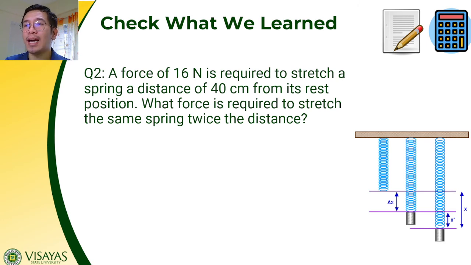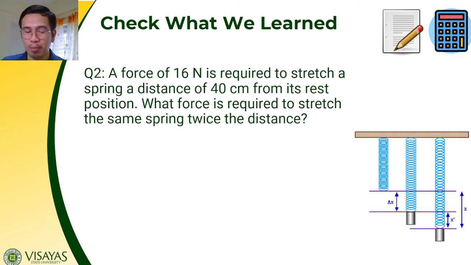But before you do that, the underlying formula that we can use here is the Hooke's law formula. Given the force, again, this is what I always tell my students, that during the exam, if there are problem solving items, you have to follow the correct procedure.